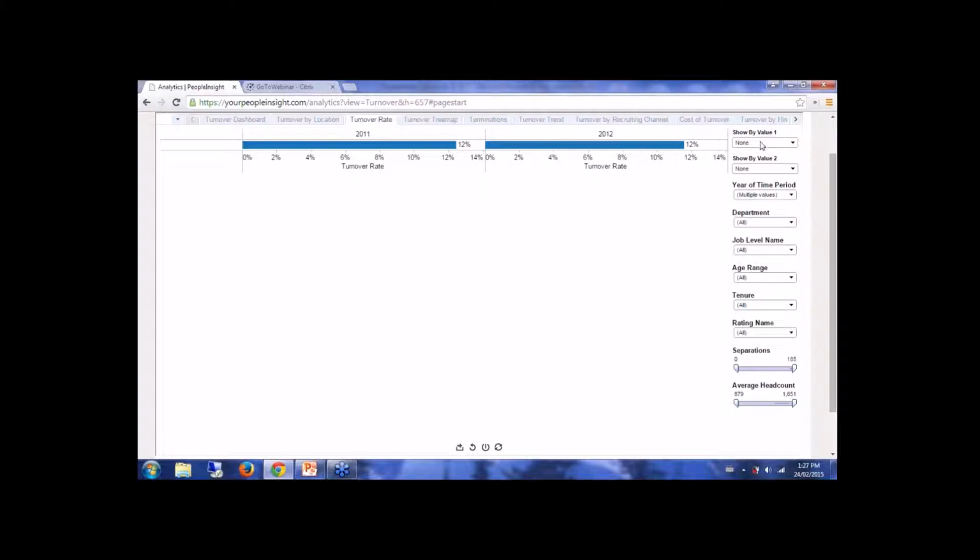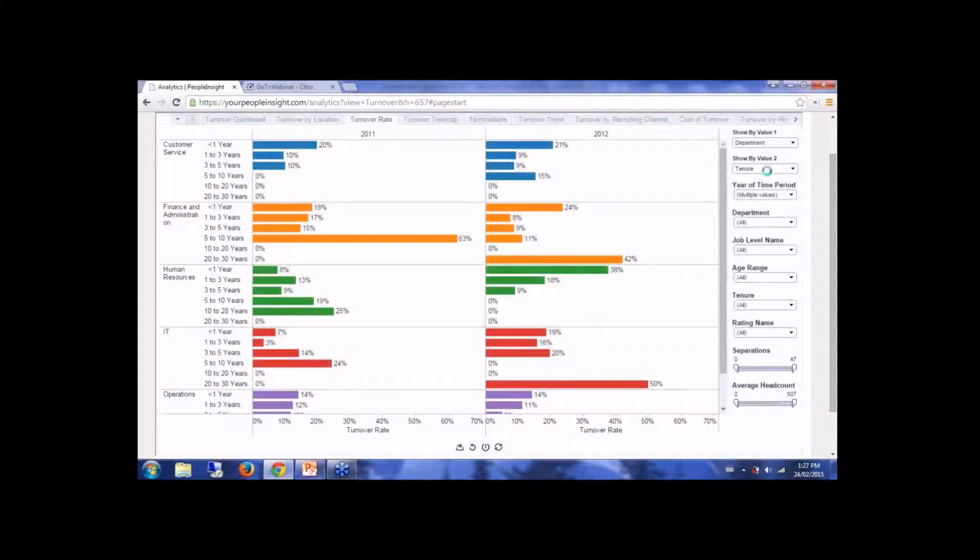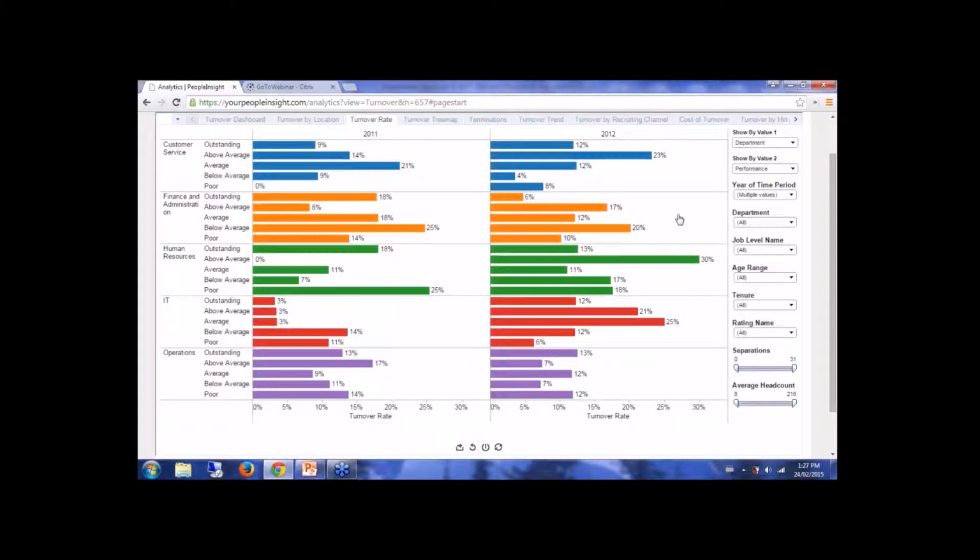However, when you want to understand that by department, and then within each department by tenure or by performance, segmenting and understanding your average headcount, let's say within customer service that had an outstanding performance through all periods of time, is very complicated, time consuming, and for the most part doesn't get done.